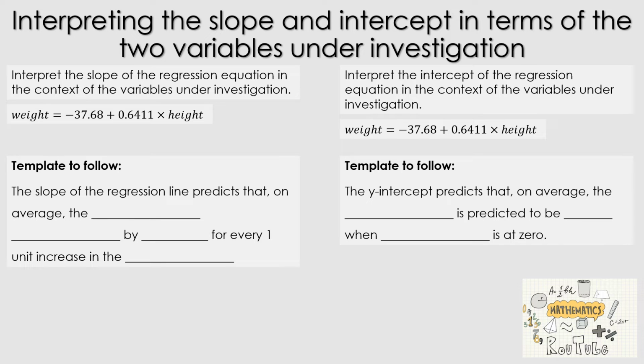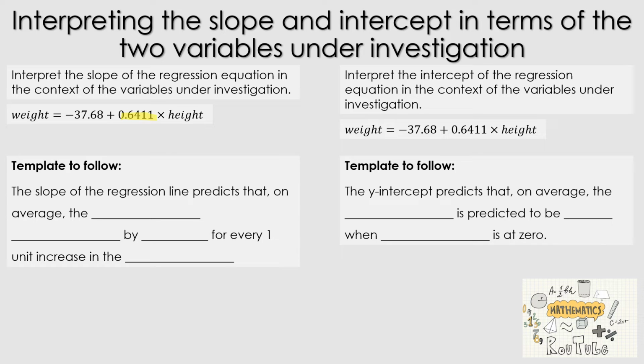I've just copied and pasted the regression equation that we obtained from the previous part of the video using the CAS. So we've got weight equals negative 37.68 plus 0.6411 times height. Everything that we're going to be talking about now is in reference to y equals a plus bx, where a is our y-intercept and b is our slope, which is our gradient. So if we're referring to our slope, we need to know which value in our regression equation we're actually referring to.